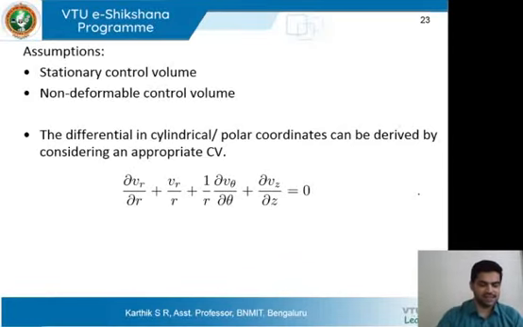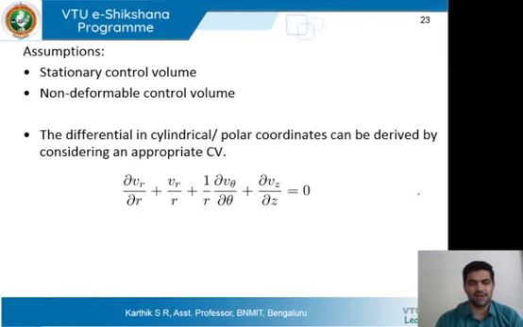So now, the assumptions that were made to derive the previous equation are that we assume it is a stationary control volume and a non-deformable control volume. These are the two assumptions we made. And now we can also derive the differential equation of mass conservation in cylindrical or polar coordinates.